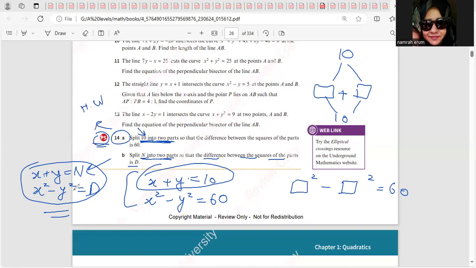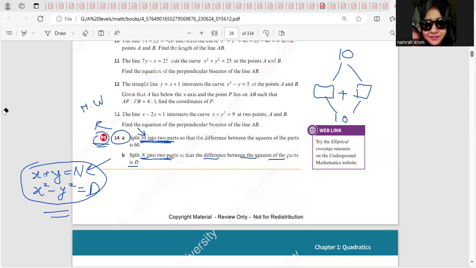Substitution would work over here if you want to do it. Otherwise, solve them simultaneously. Give it a try.